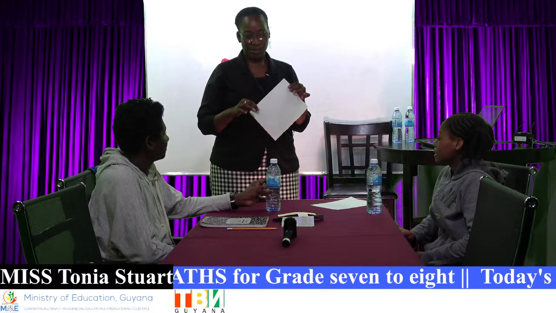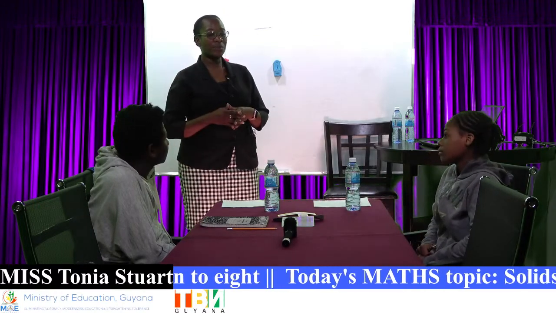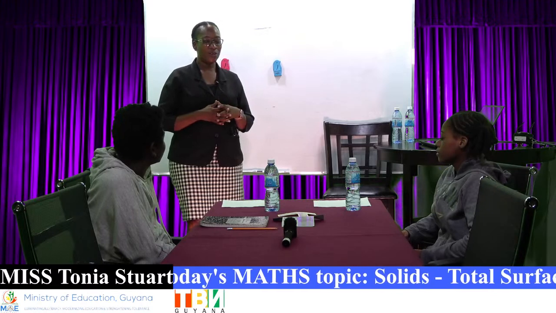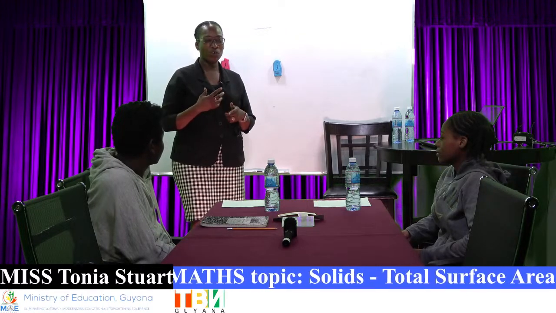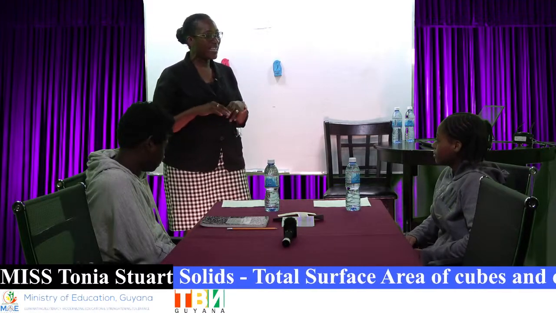Agree? Good. So now we have the solids, we have the plane. Tell me something about the area. Do you think you can recall, even from your previous grades, what the area would be?